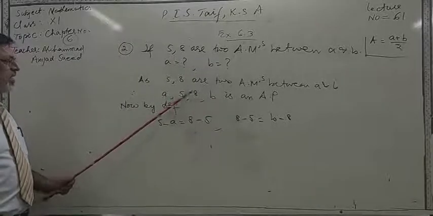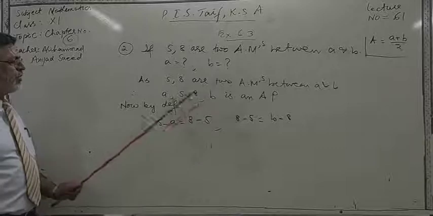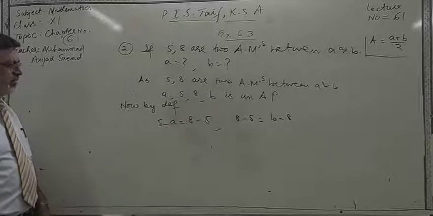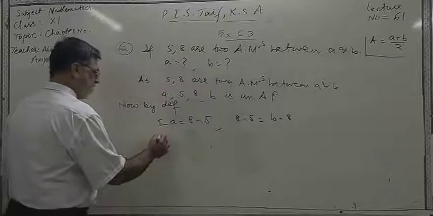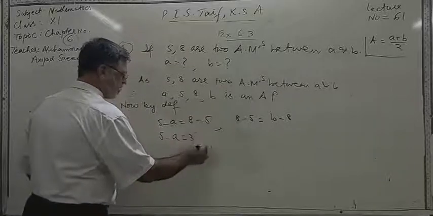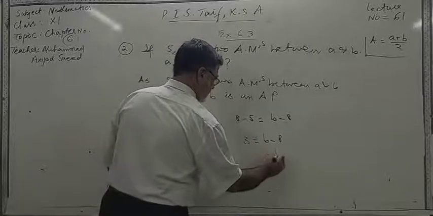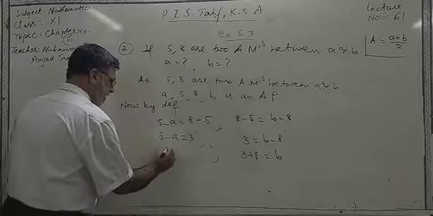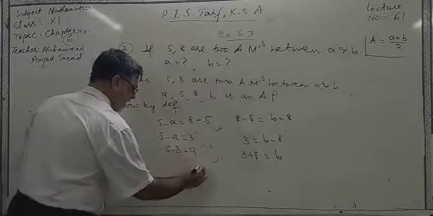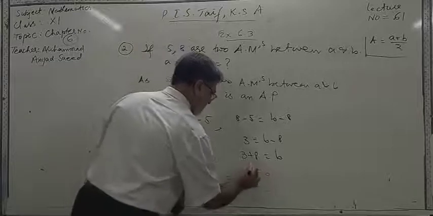You know that the common difference remains the same between any two consecutive numbers. So here 8 minus 5 is equal to 3, and 3 is equal to b minus 8, so b is equal to 3 plus 8. Also 5 minus 3 is equal to a. So a is equal to 2 and b is equal to 11.